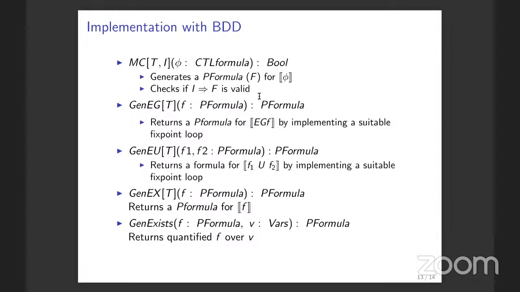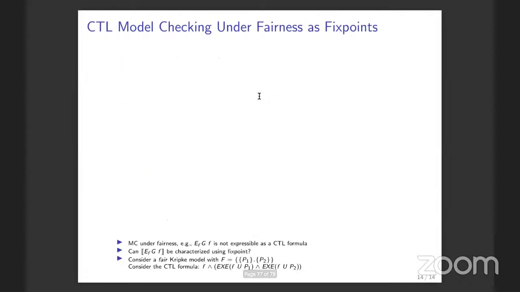Now, the question that I'm asking is, can you characterize CTL model checking under fairness also as fixed points? In other words, can I define a tau? This is what I'm asking.